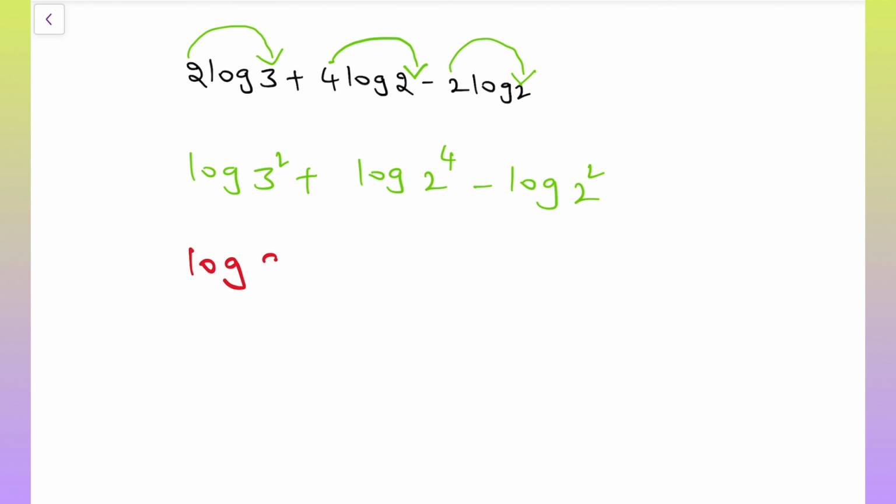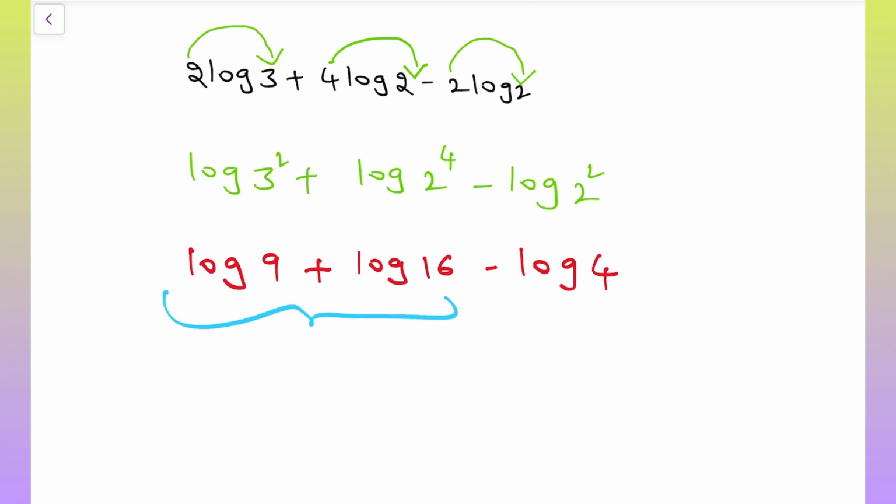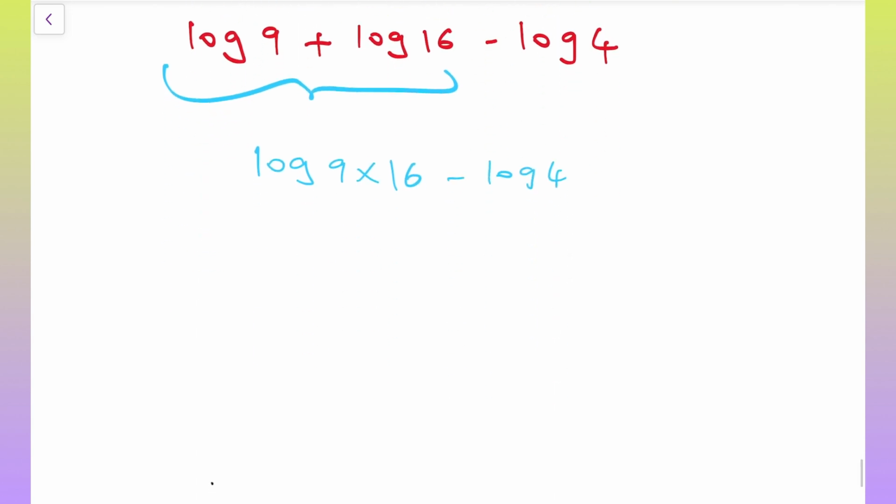Log 3 square, 3 3s are 9, plus log 2 power 4, 16, minus log 2 square, 4. Now if we observe this clearly, the first term and second term are separated with plus, right? So in logarithms, if plus is there, what we need to do? Multiplication. Log 9 into 16 minus, as usual, log 4. So now log 9 into 16, 144, minus log 4 as it is.